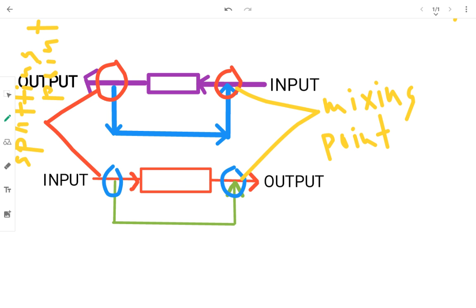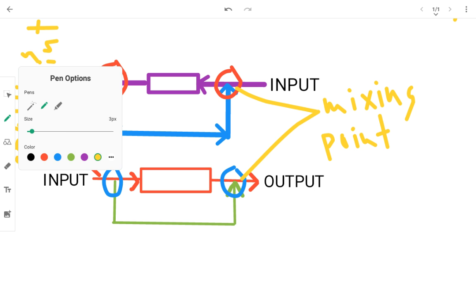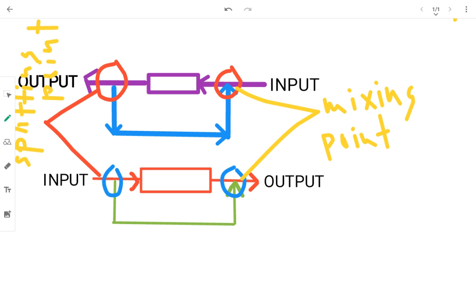So what is the advantage of recycle and bypass? Before that, we need to identify which one is recycle or bypass. Recycle means we are reusing something again to gain more product.